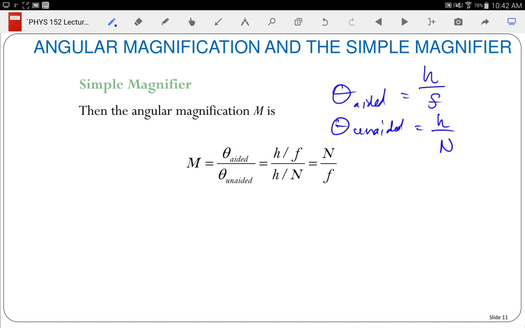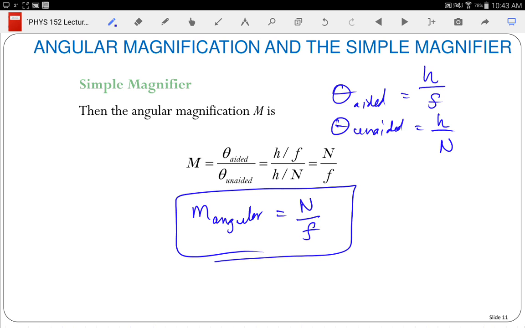So we put those in, and this magnification, the angular magnification, is equal to the near point over the focal length of the lens. So that's the magnification you get with unaccommodated viewing with a simple magnifier.